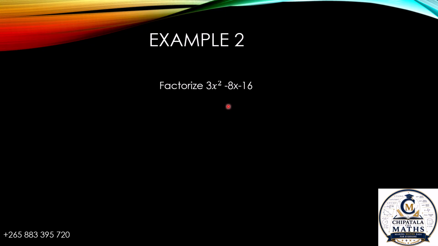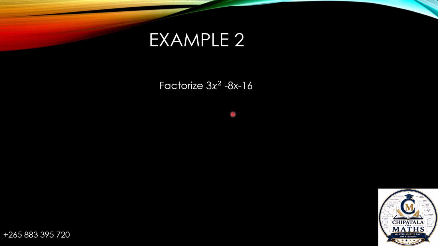So when we multiply 3 and 16, it will give us 48, but it will be negative 48, because our 16 has a negative, so it will be negative 48x squared.